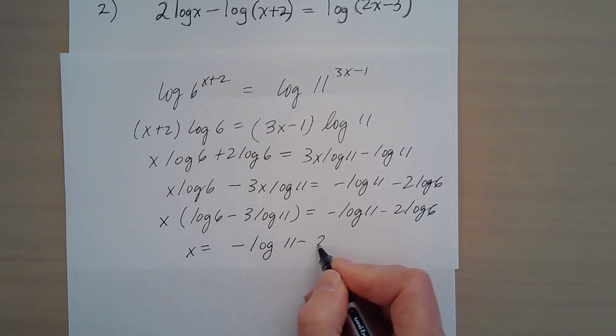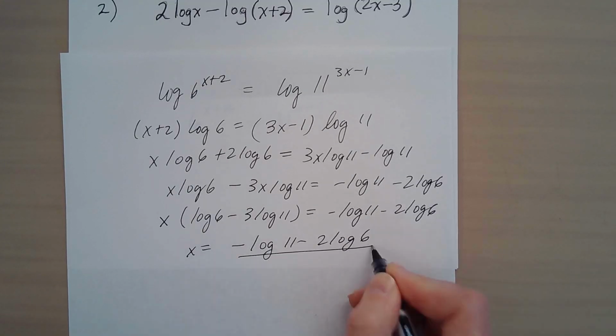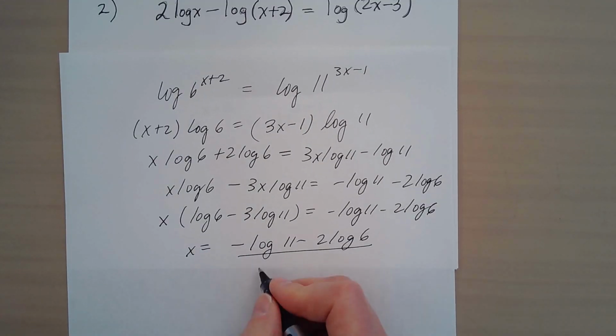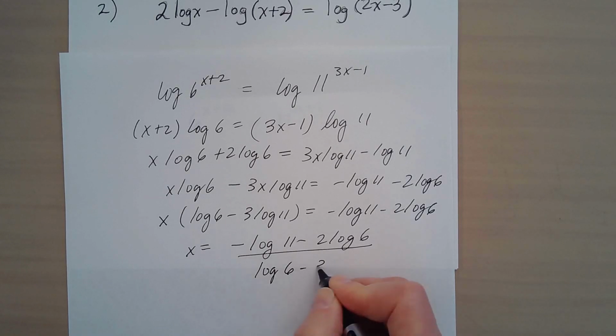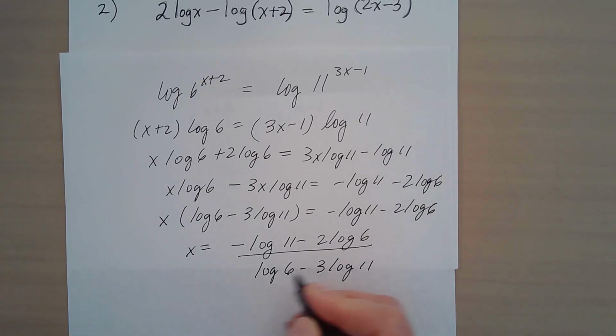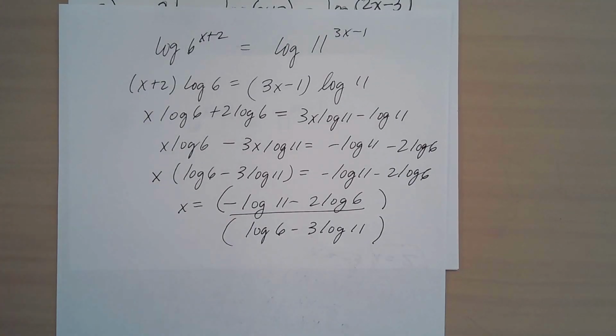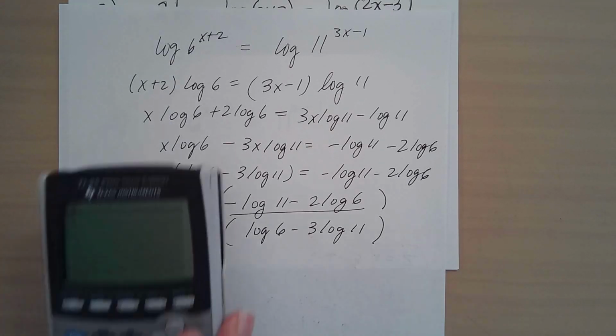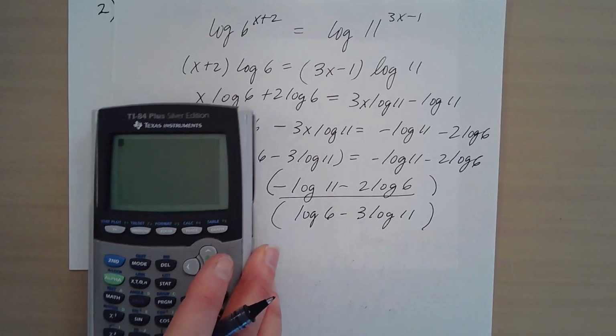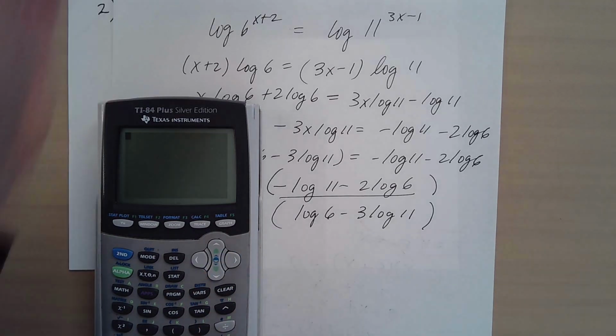So I get this monster that I have to punch into my calculator, right? That's why you really have to have a calculator you can rely on. Now, because we have a complex fraction here, right? More than one term on top and bottom. Very complicated to type in. My calculator gives me problems all the time because I have all those double brackets that I have to deal with, right?